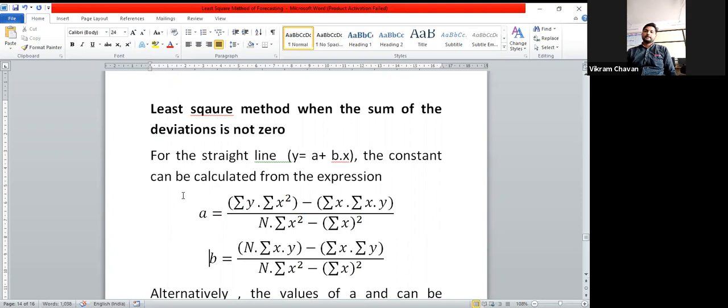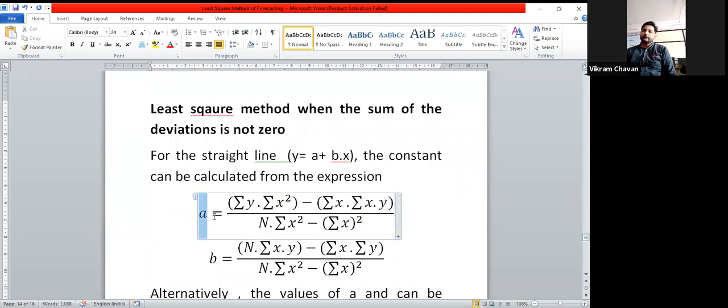For the straight line (y is equal to a plus bx), the constants can be calculated from the expressions.